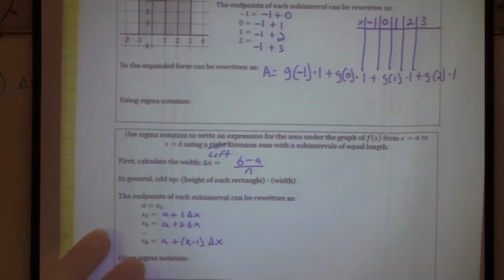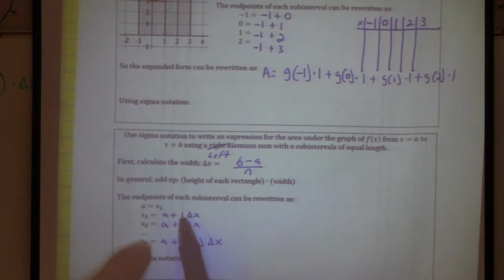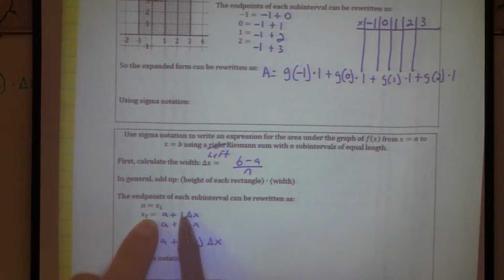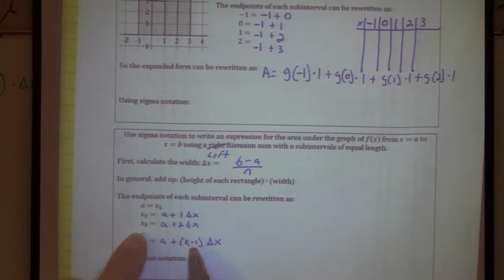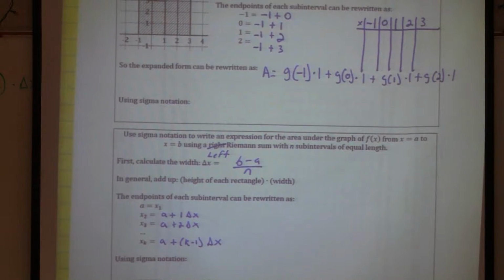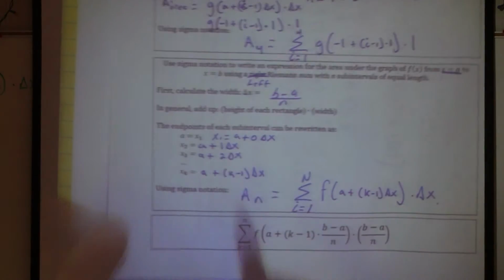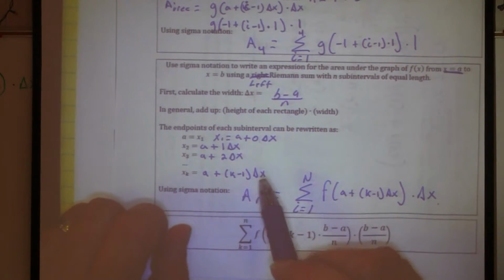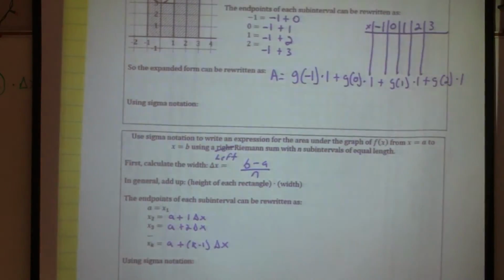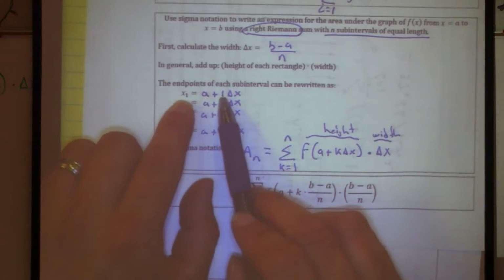So this one's a little bit different from yesterday, right? When you compare this number right here and this number, what do you notice about this one? It's always what? 1 less than that actual value there, right? So that's why they told me k minus 1. Yesterday's on the right Riemann sum, were they different? Wait, just kidding. That's not yesterday. Were they different here?